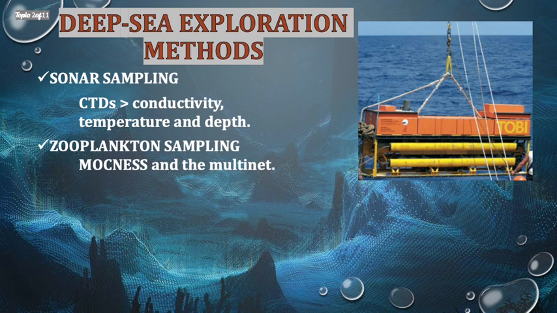Conventionally, the most widespread method to sample zooplankton in the deep ocean is simply using nets, and usually they are towed from a research vessel. A great example of this is the MOCNESS, or the Multiple Opening/Closing Net and Environmental Sensing System, and the multi-net.